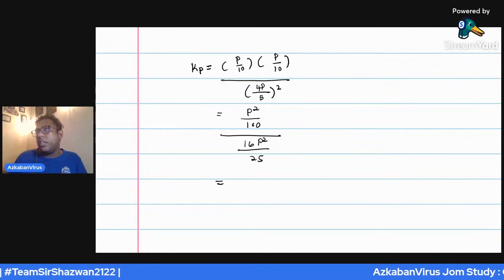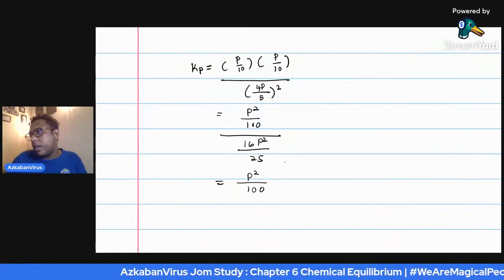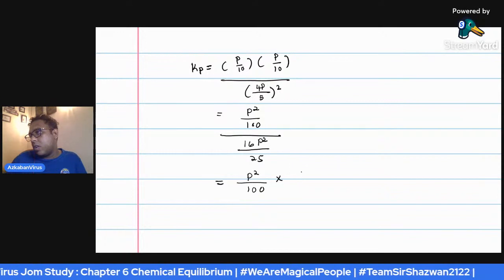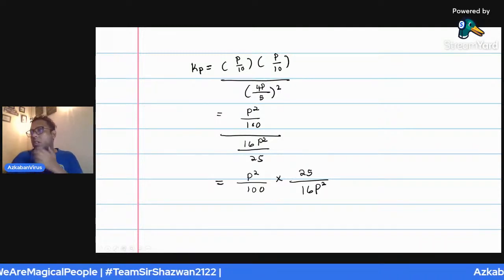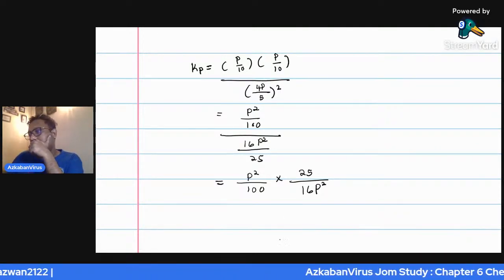This is equal to P squared over 100 times 25 over 16P squared. Cancel 25, this leaves 4.